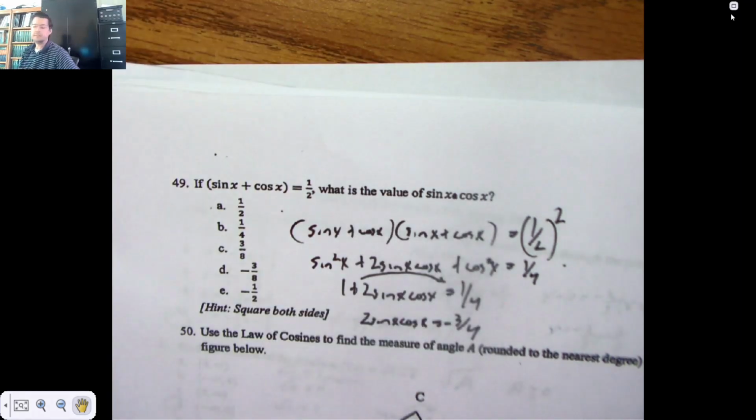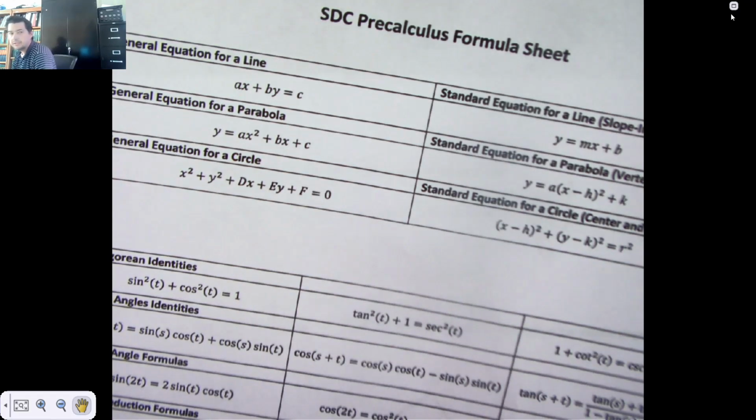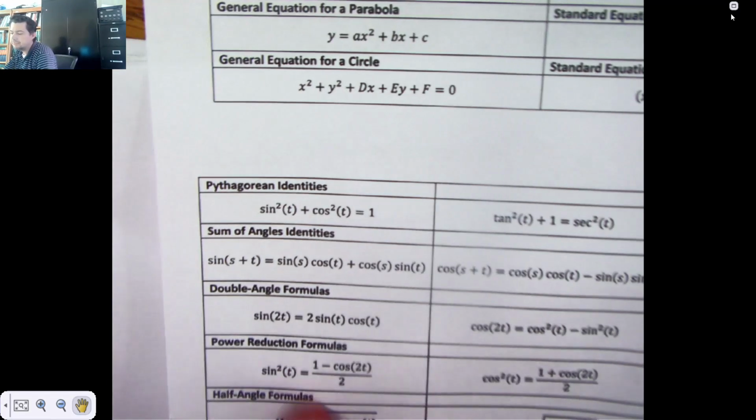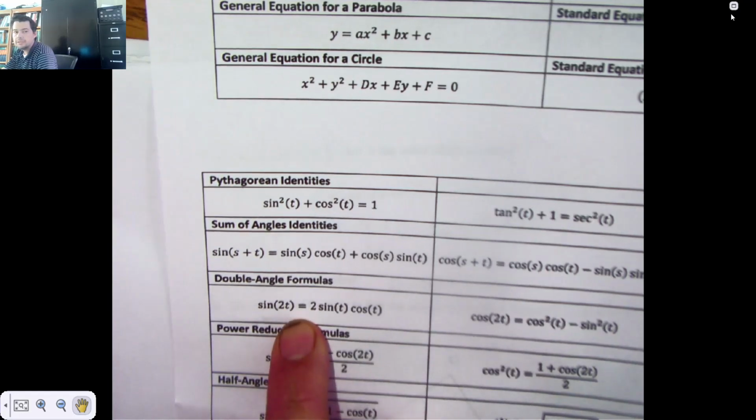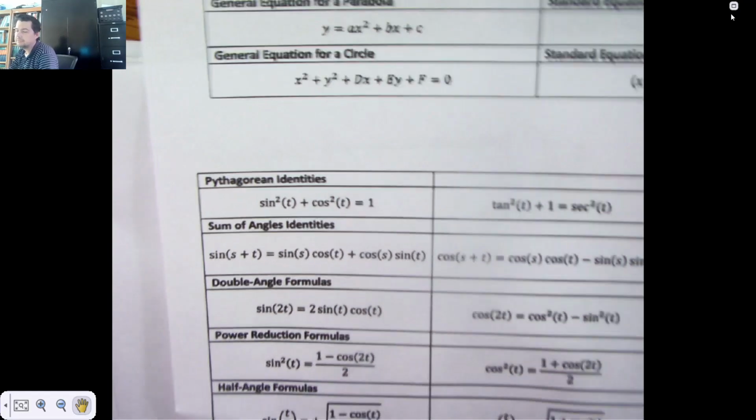1 plus 2 sine x cosine x is 1/4. We're going to subtract the 1. 2 sine x cosine x is negative 3/4. And I see why they gave that hint, because I've seen 2 sine x cosine x before in my life. It's the sine of twice x right there.